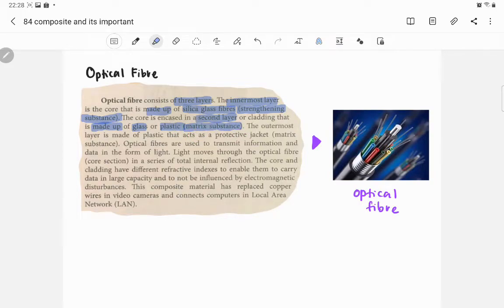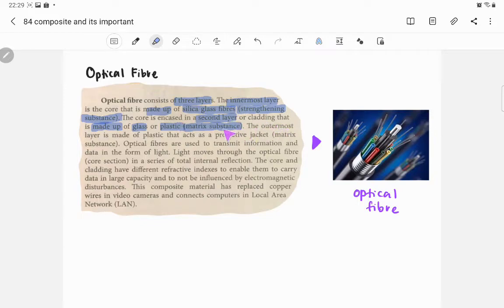So for optical fiber, the matrix substance is glass or plastic for the second layer, while the innermost layer is made from silica, which is strengthening.